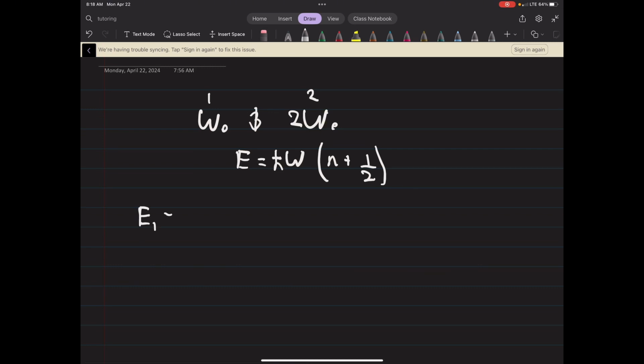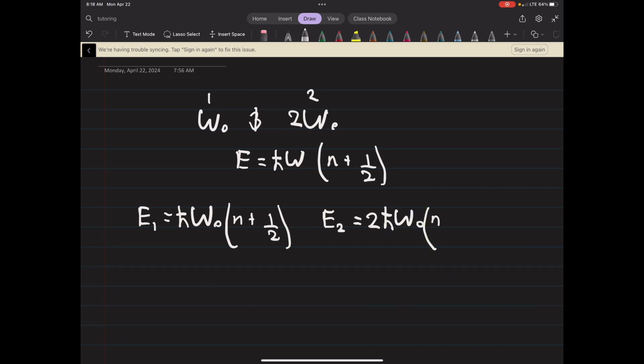E1 is just h bar omega naught (n plus 1/2). And E2 is 2 h bar omega naught, and we'll call this (N2 plus 1/2).